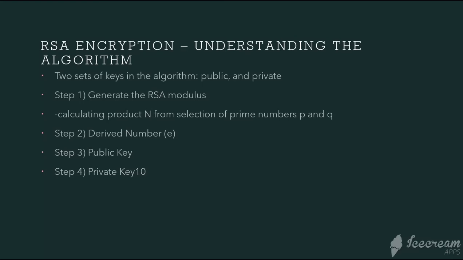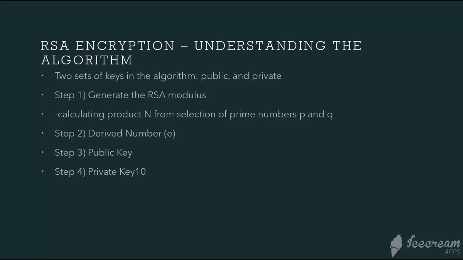Multiplying these numbers is easy, but determining the original prime numbers from the total, or factoring, is basically something that is infeasible due to the time it would take to calculate something so large.